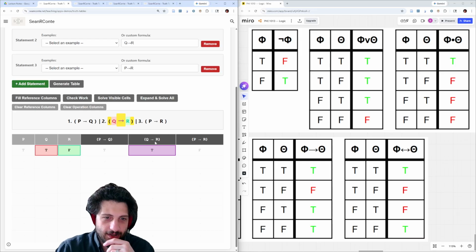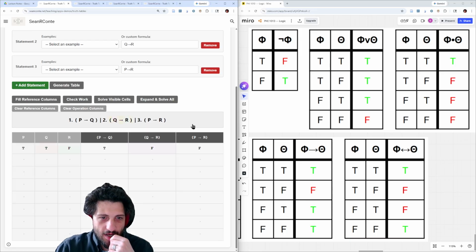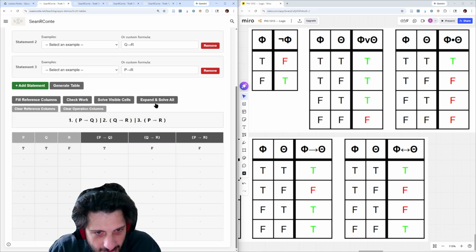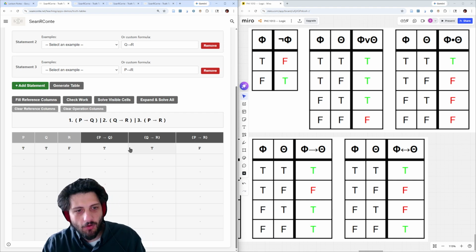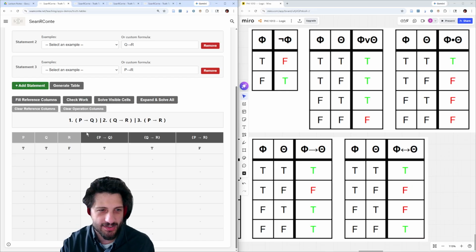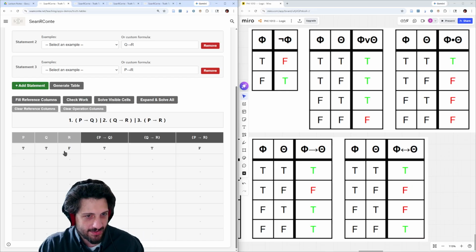We're trying to say that this premise is true, but notice we're saying the left side is true and the right side is false. There's no way that that premise could be true. So the point in all of this is that it was impossible for us to actually satisfy that hypothesis. We tried to start off with saying that the premises are true and the conclusion is false, and then we tried to work backwards to see what the atomic sentences would have to look like in order to make that happen.